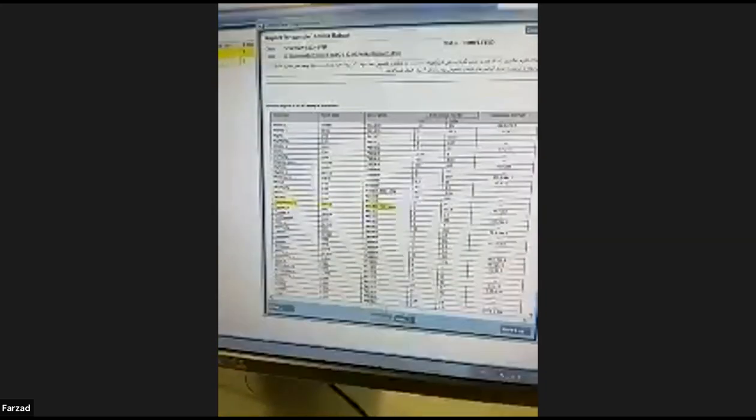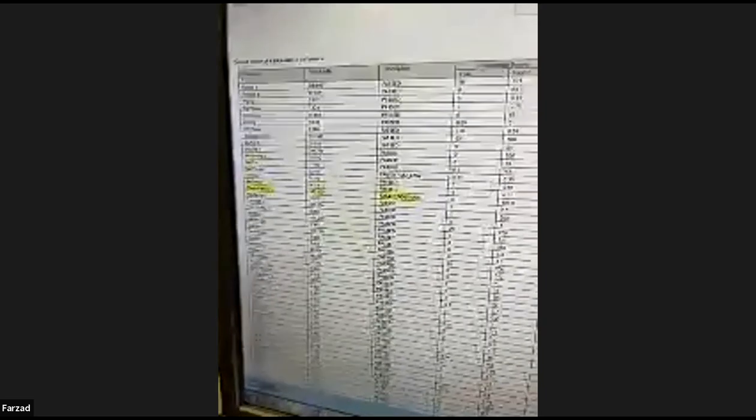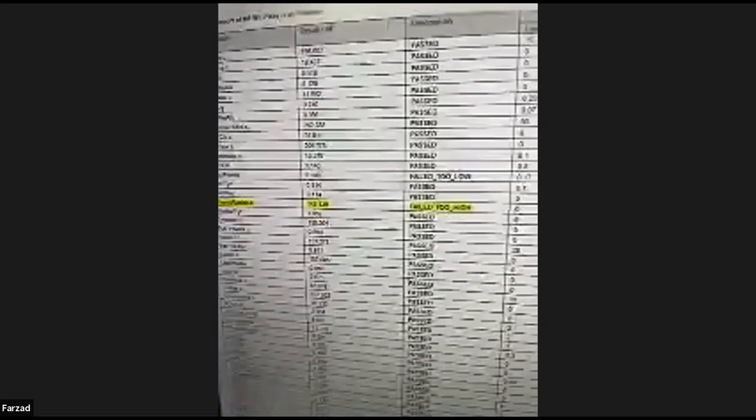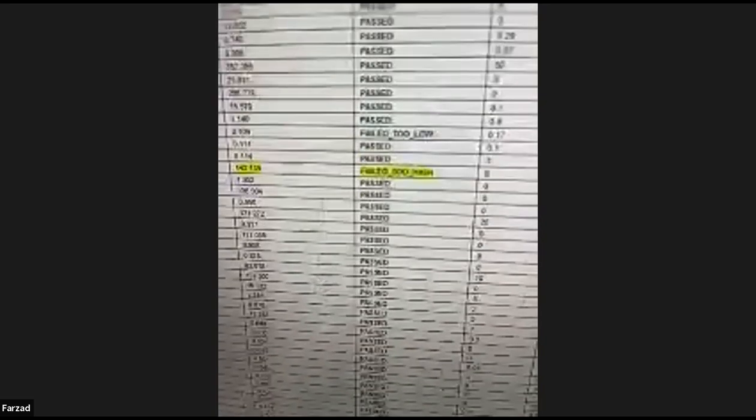What we have here is one of the reports. As you see in this report, the biomarker of phenylalanine has been more than the pathological level, and it says too high, and it gives us a warning.